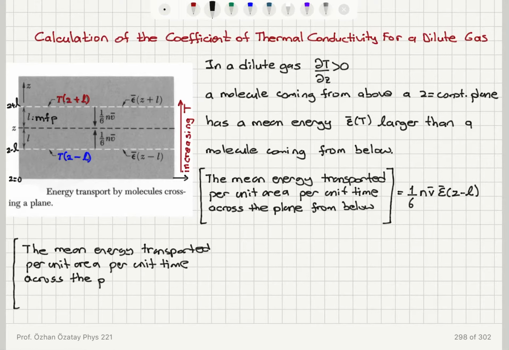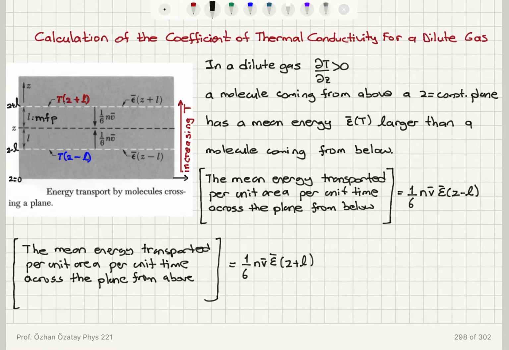So across the plane from above, this will be equal to 1 over 6 n v bar epsilon bar. The last collision occurred at z plus L, so epsilon bar value at z plus L.